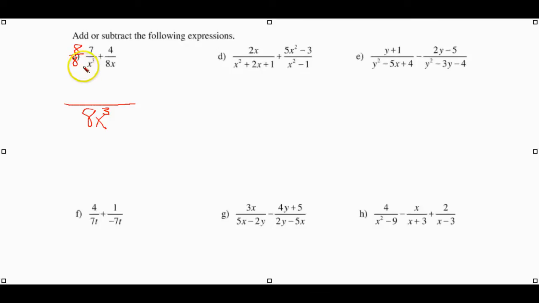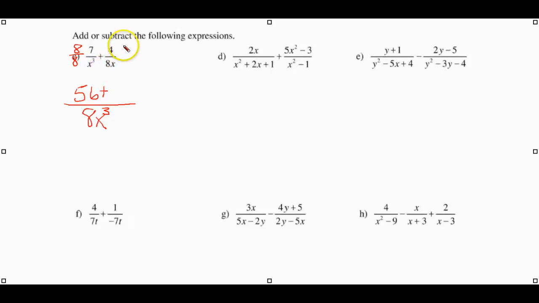So 8 times x to the third is 8x to the third. And 8 times 7 is 56. Okay. Now, in this denominator, we have 8x.